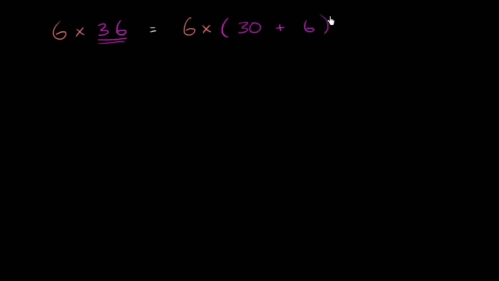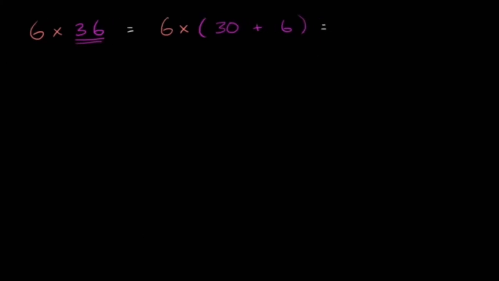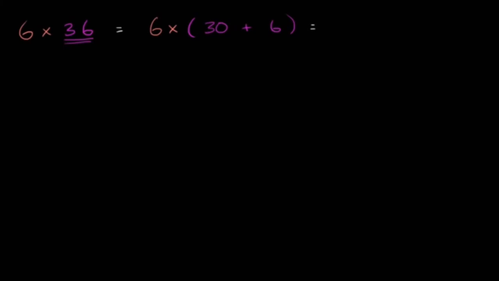This is going to be equal to 6 times 30 plus 6 times 6. Notice, we distributed the 6 times 30 plus 6 times 6.